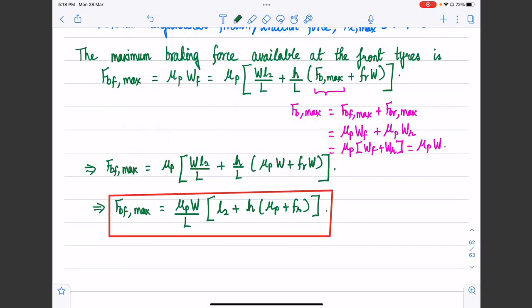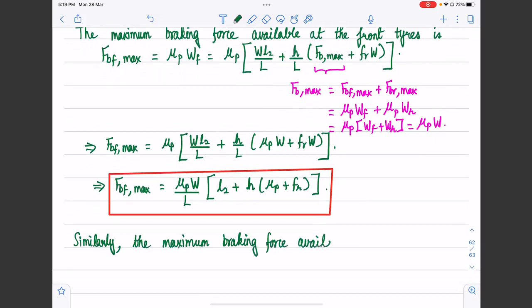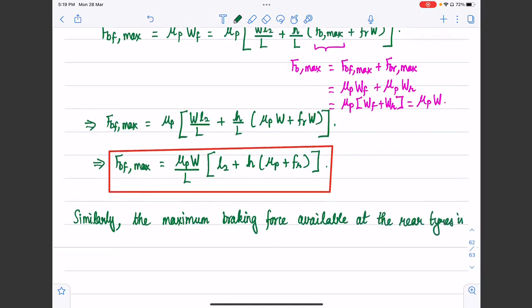So let us similarly derive the maximum braking force available at the rear tires. A similar process is followed. So what is that?